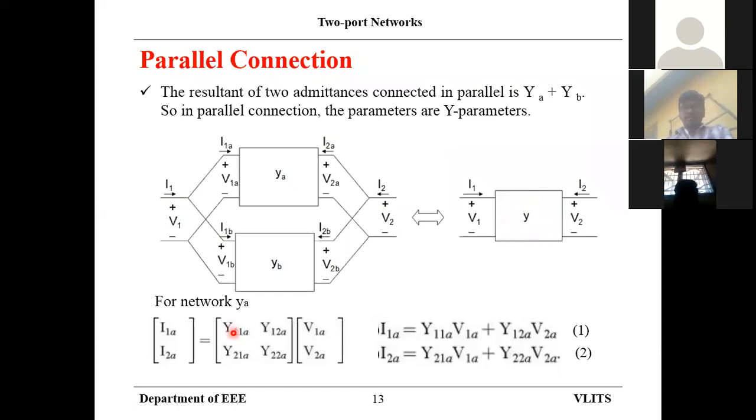Similar to the series connection, in the parallel connection we take the Y parameters, so we have to write the current equations in terms of the voltages. That's why I have written I1a and I2a in terms of V1a and V2a, because for the first network Ya, the voltages are V1a and V2a and the currents are I1a and I2a.